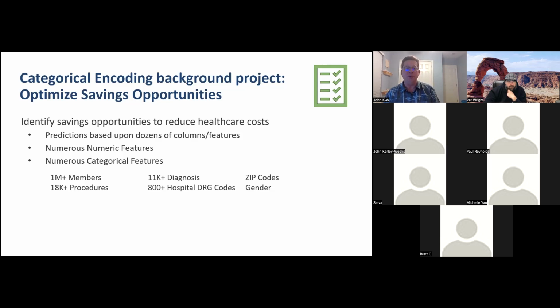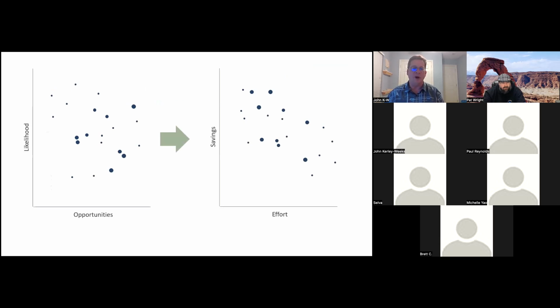Can we repeat those in future instances that our members are encountering to provide them with additional savings? There's a lot of numerical information that we're processing, but there's also a very significant portion that includes categorical features, like our members, of which we have over 1 million. Representing them categorically and doing analysis on that can be quite challenging to find savings in meaningful ways.